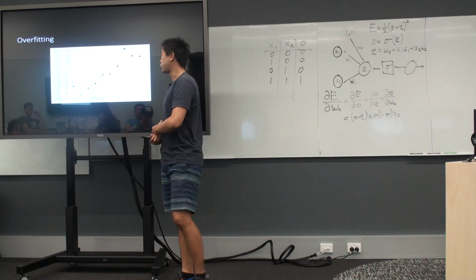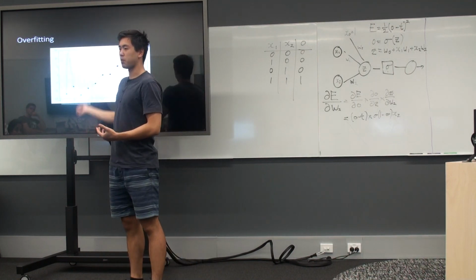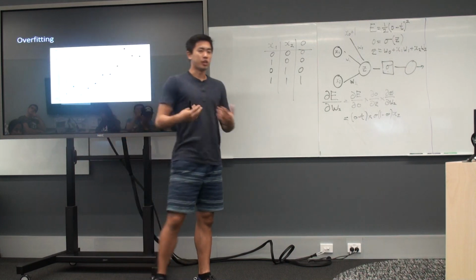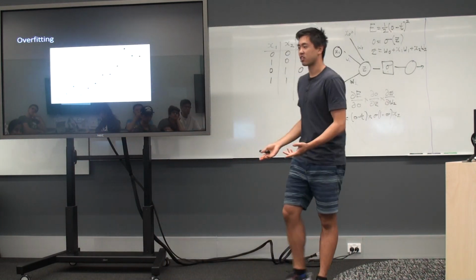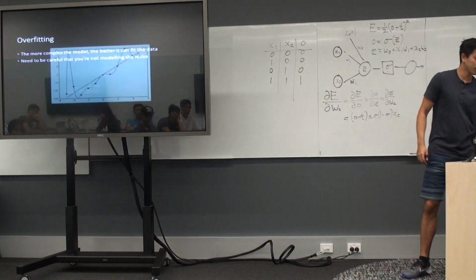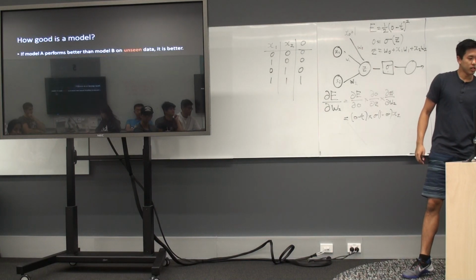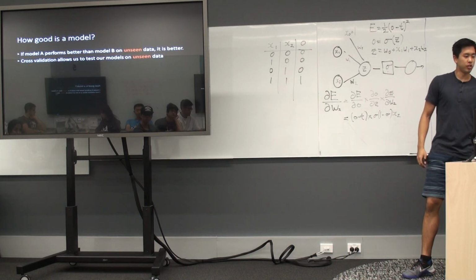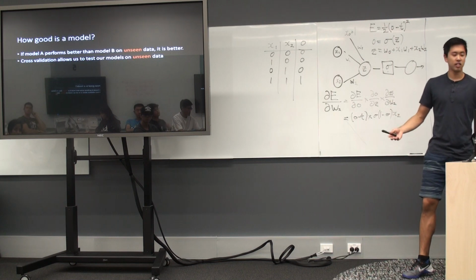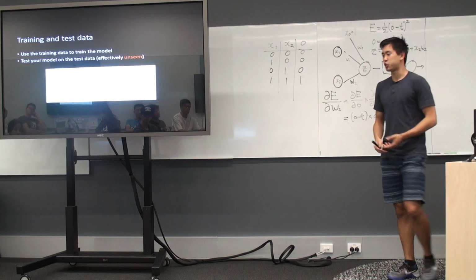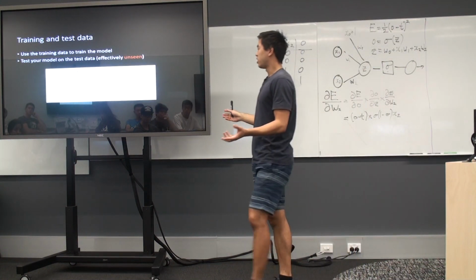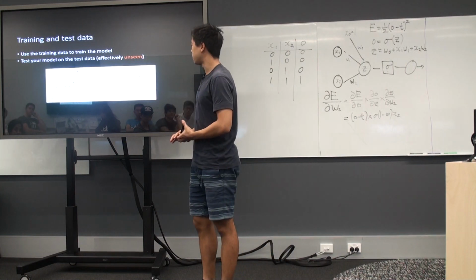So how do we actually determine which of these models is better? We just have to test it on unseen data. So how do you test on unseen data? Essentially, you just have to split the data into a training and a test set.